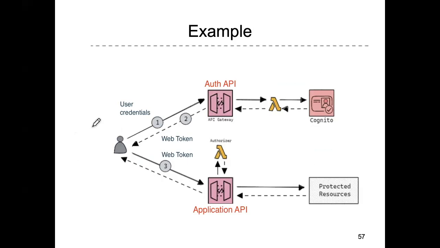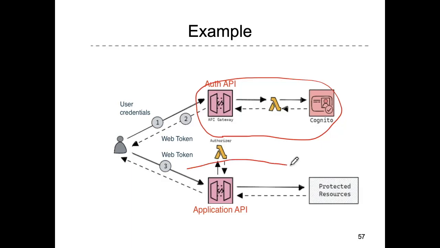You don't have to, but it's a good design to do so, where one of the APIs, this one up here in my case, is concerned with the whole user management side of things and user authentication. So when a user registers and logs in and all of that, they are communicating with this API here. And then when the user wants to access the application's functionality, then they go via this route down here.